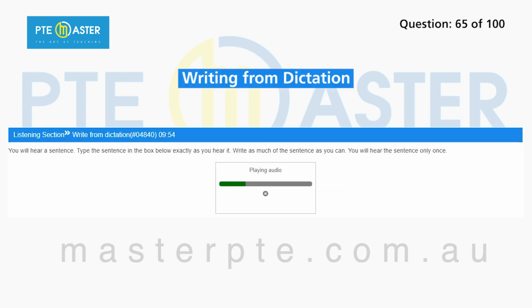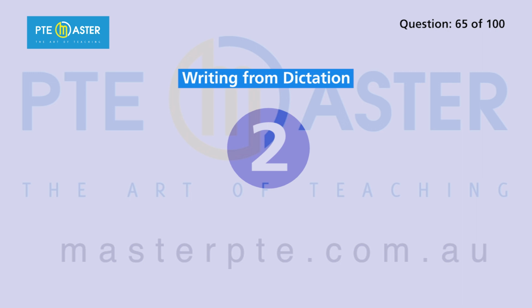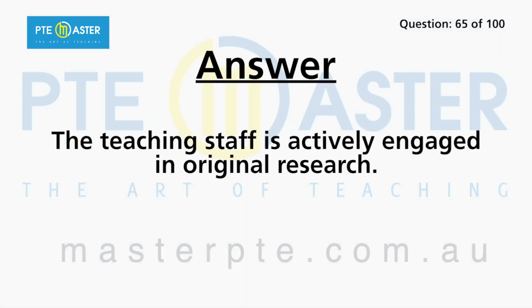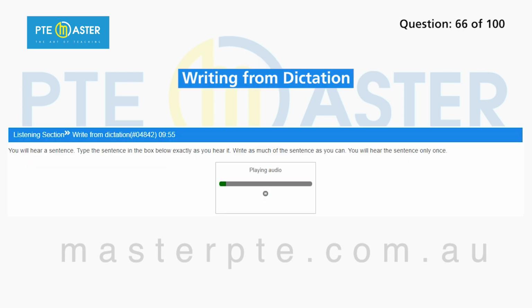The teaching staff is actively engaged in original research. Students may only use parking cards in authorized university parking spaces.